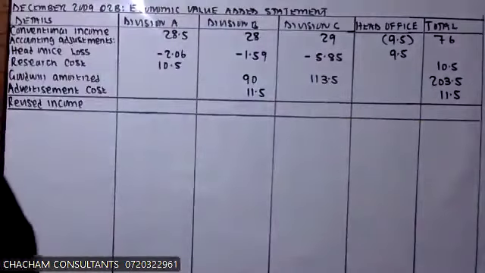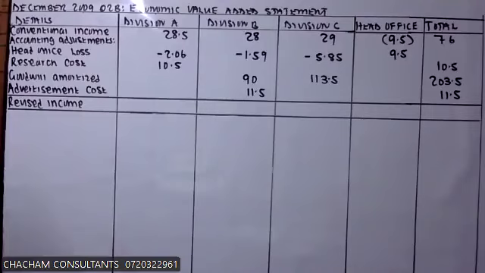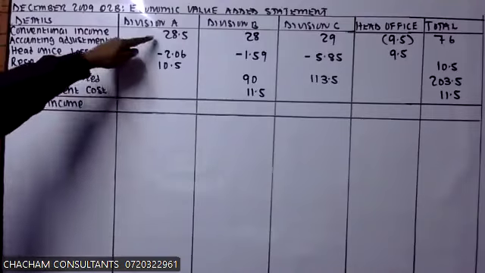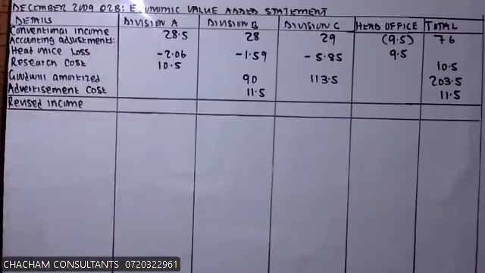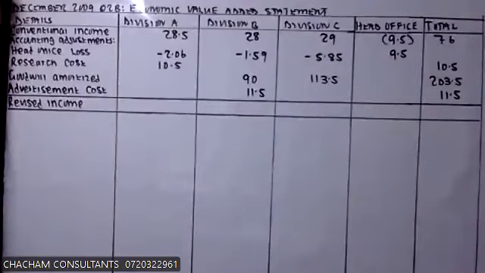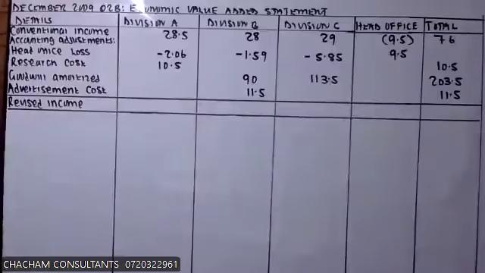So revised income, this is what some people will call NOPAT. It is this minus this plus this. Tell me how much it comes to here. That is 6.94.